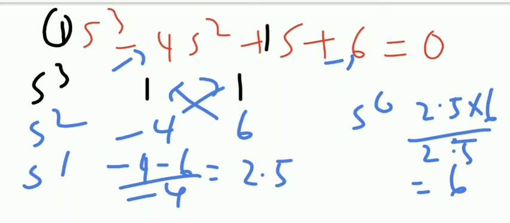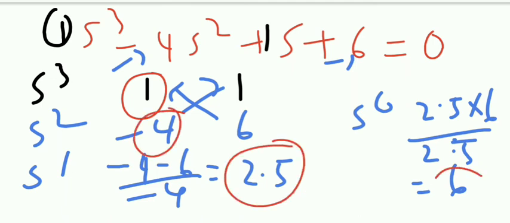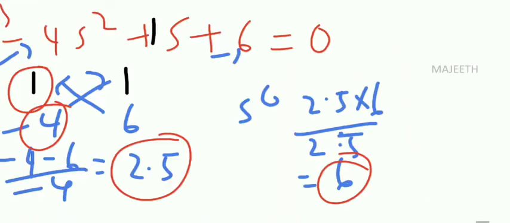So the first column has 1, minus 4, 2.5, 6.